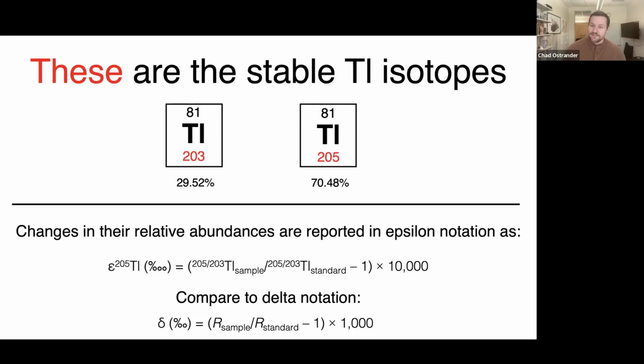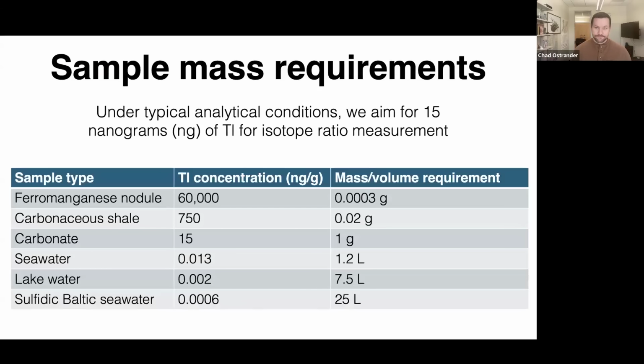The isotope ratio differences in theory should be smaller, and so we multiply by a bigger number. But it can be thought of the same way as delta values. Higher values, more positive values, are more enriched in a heavier mass isotope, whereas lower values, more negative values, are enriched in thallium-203.